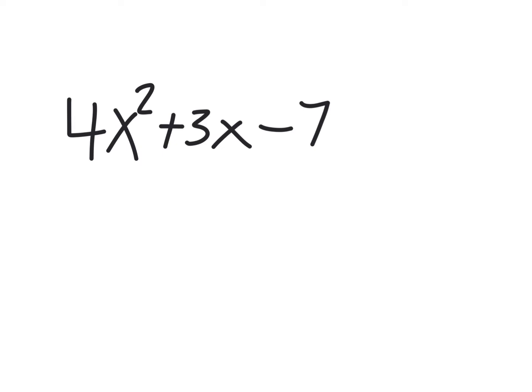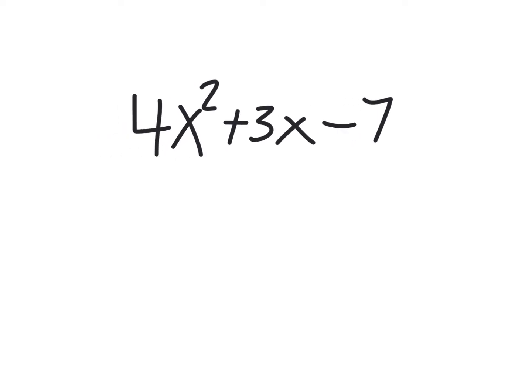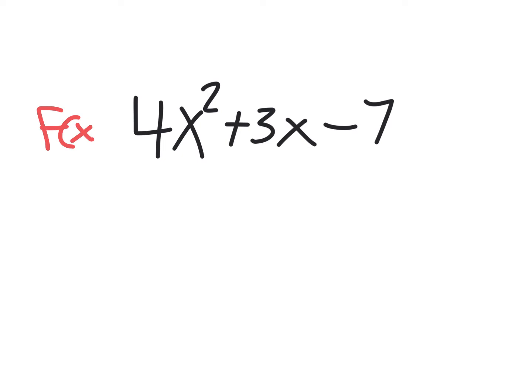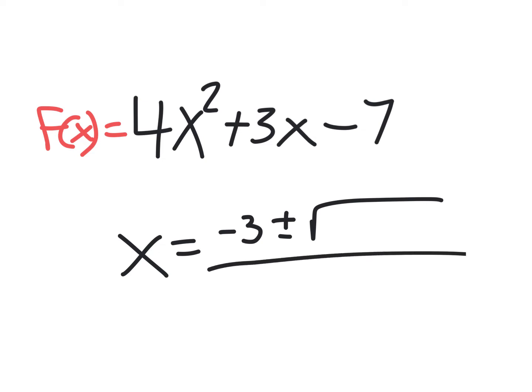So don't even solve it, but would you please stick all the numbers into the quadratic formula? Your f of x would be here, and then it equals that. So x equals negative b, in this case negative 3, plus or minus the square root, and just stick all the numbers in. Don't simplify it, that takes too long.